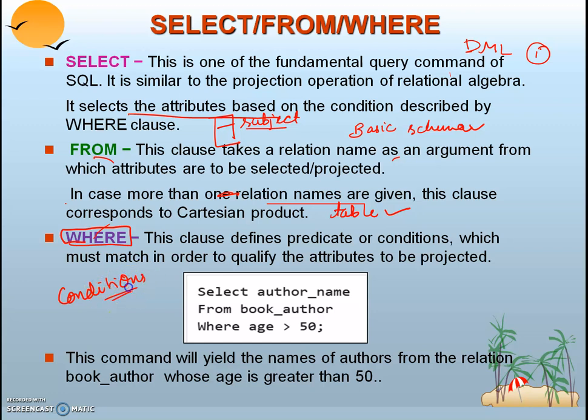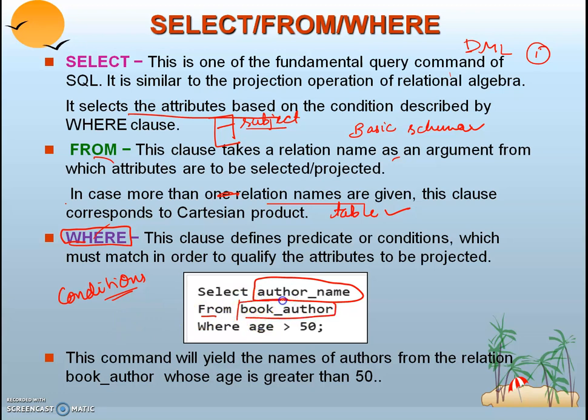So when I say select from, then I have to apply conditions on what has to be selected from where. You can look into the example over here. Select author name. The attribute name is author, and I have to select this from book author.